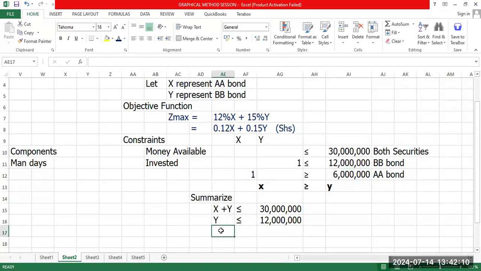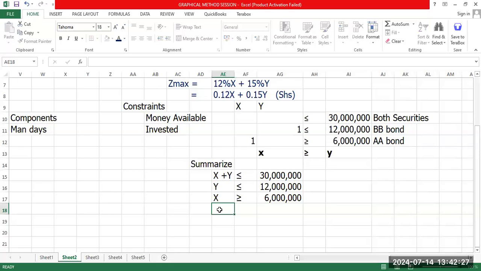I will just say x is greater or equal to 6 million. Then I also have the last inequality, which is x is greater or equal to y.